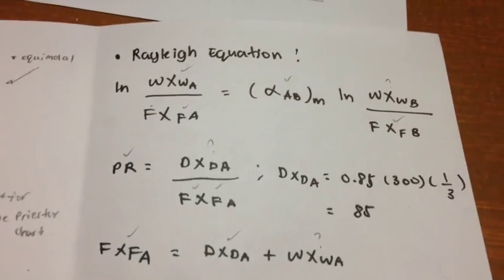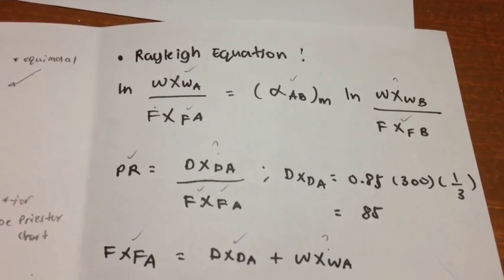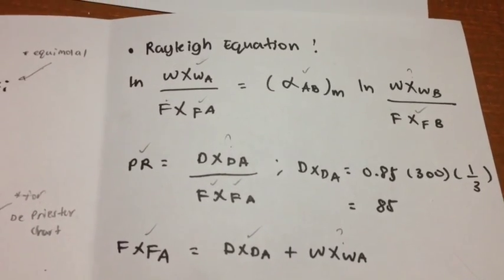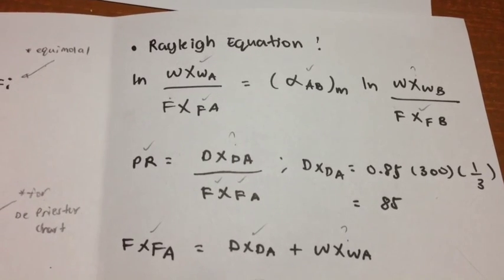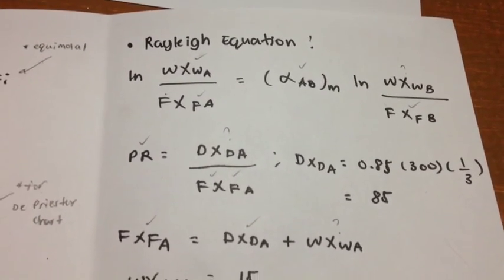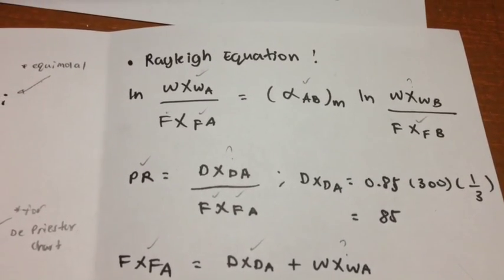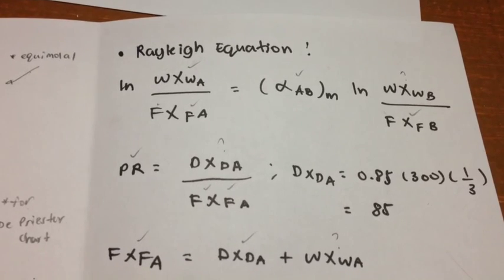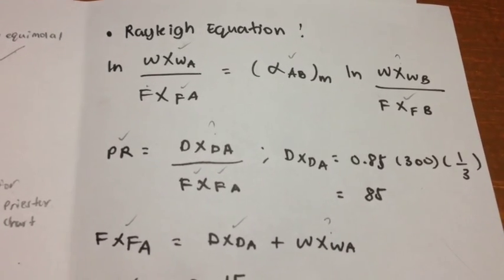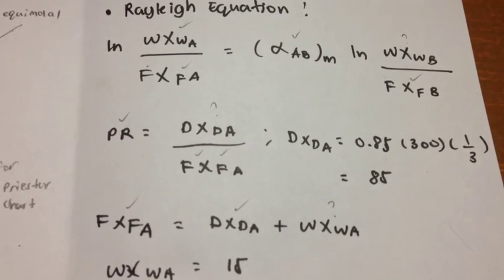Using the Rayleigh equation, ln(WxW/Fxf) is equal to alpha mean times ln(WxW over Fxf), we substitute everything in the equation. But first we have to get the value for WxWA. In order to get that, we use the percent recovery, which is 0.85.